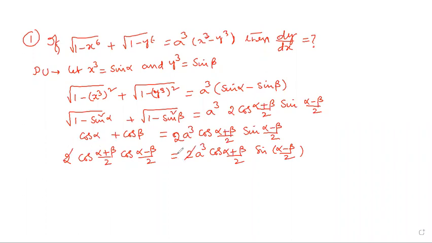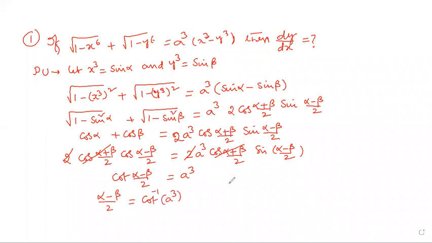One more, cos alpha plus beta by 2 cancels. What is remaining is cos by sine, cot of alpha minus beta by 2 is equal to a cube. Bring cot to the left hand side; the right hand side will become cot inverse of a cube.